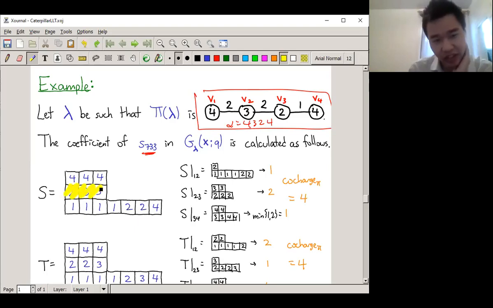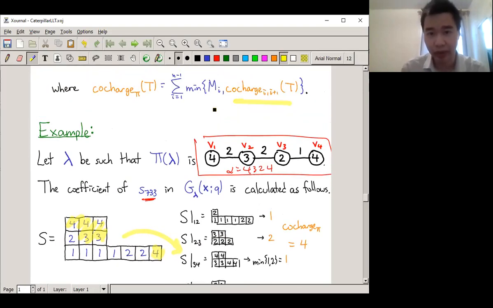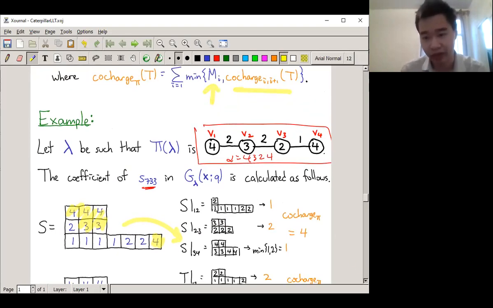So I restrict S to 2s and 3s. There's an algorithm to slide the boxes and get this tableau, and it has 2 cells on the second row. And then I do the same with the 3s and 4s. I slide the boxes. There are 2 cells in the second row, but I need to take the minimum between that number and the weight of the edge between V3 and V4.